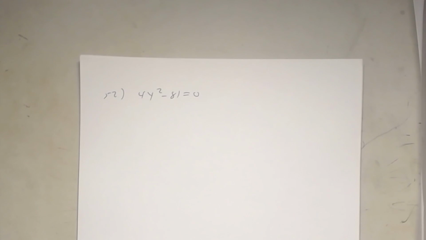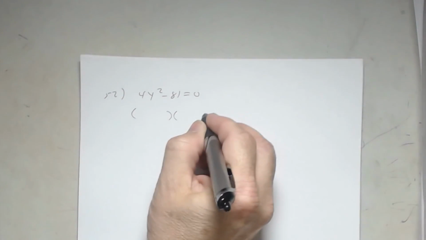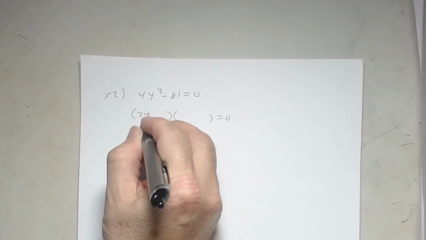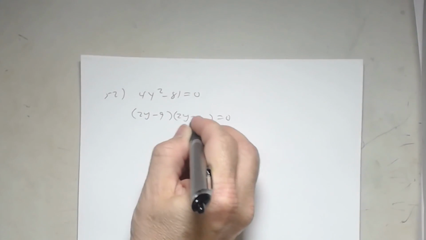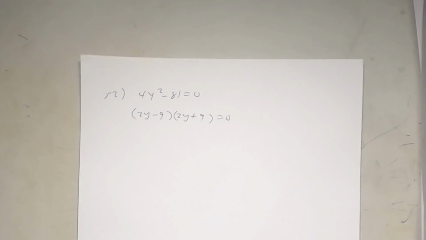Difference of two squares. Now the GCF is 1, but it's still the difference of two squares. How do you factor this? 2y minus 9, 2y plus 9, because 9 times 9 is 81, and 2y times 2y is 4y squared.